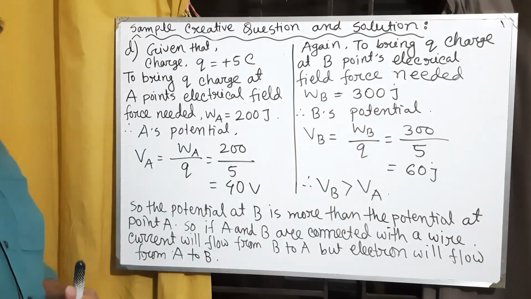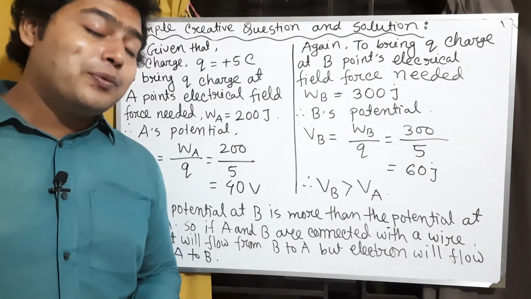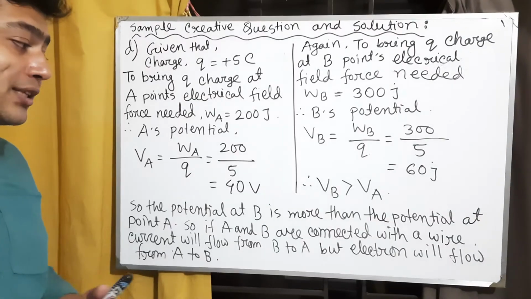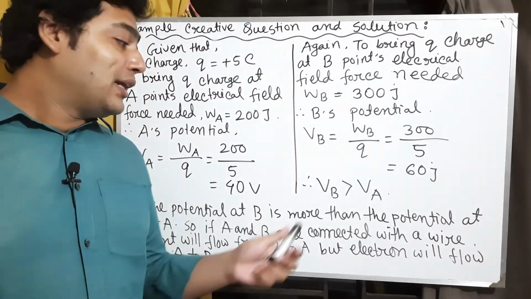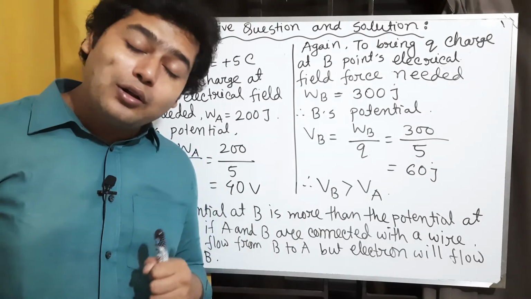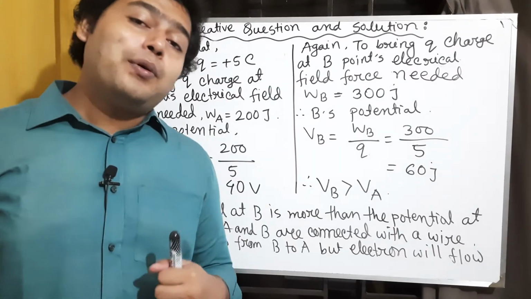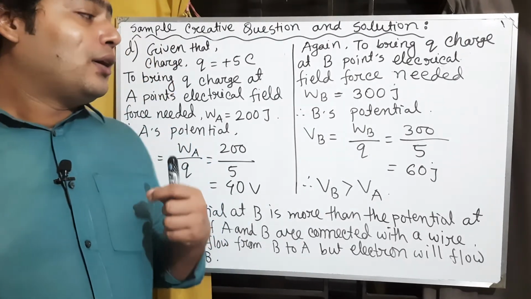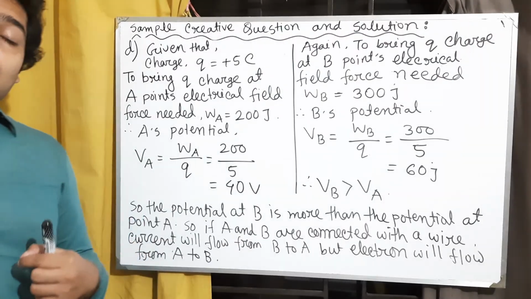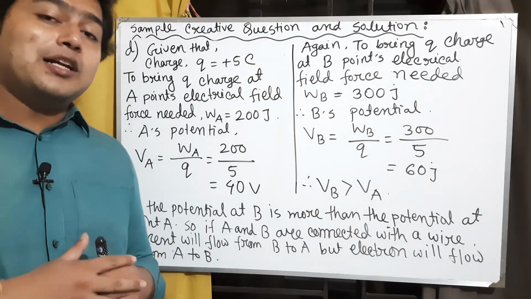We know that current will flow from higher potential to lower potential. According to this law, we can say that current will flow from B to A, and we also know that the flow of current means the flow of positive charge. So, negative charge will flow in the opposite direction of current flow.